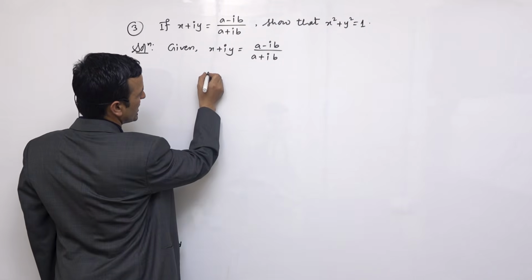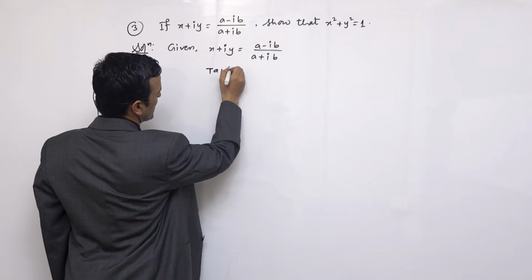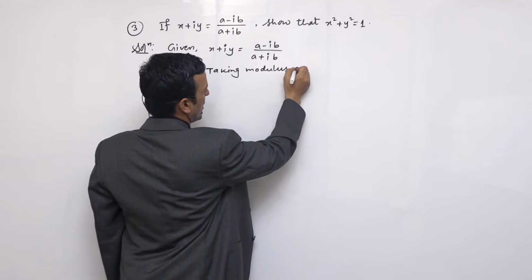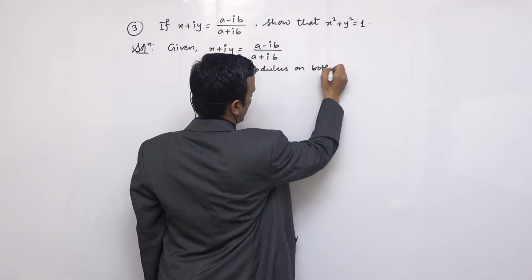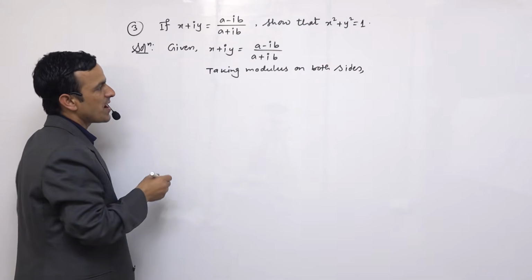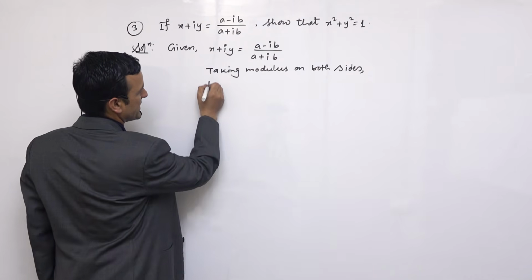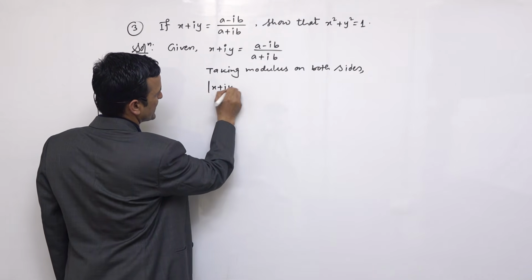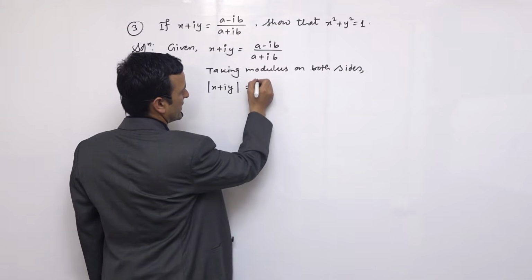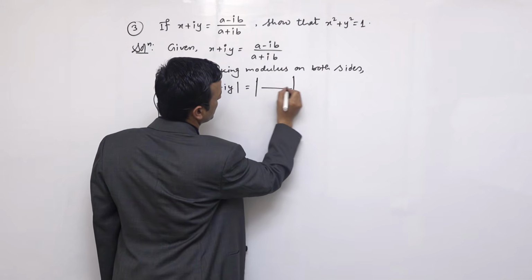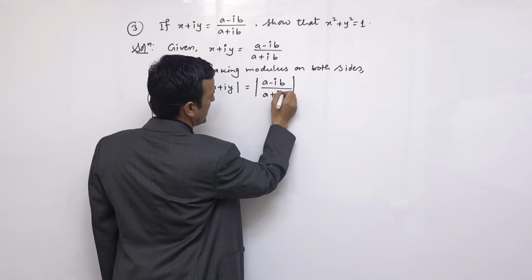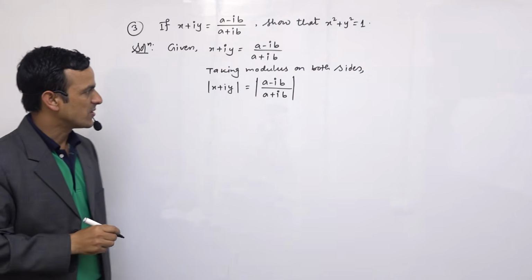In this step we have to take the modulus on both sides. After taking modulus on both sides we get this one: the symbol of modulus, x plus iy, and the whole modulus of the given a minus ib by a plus ib.